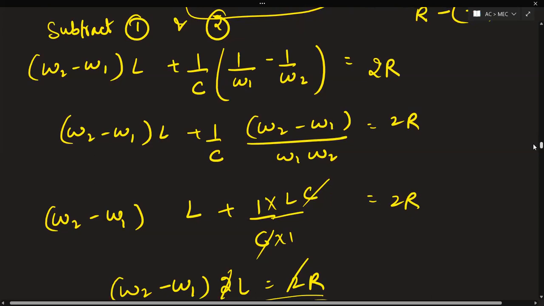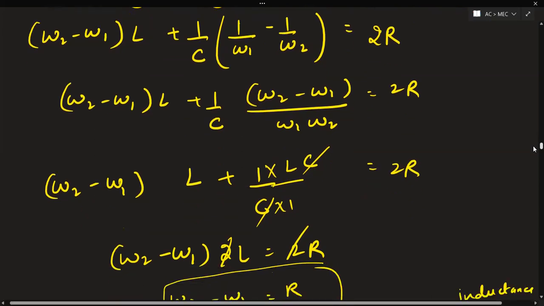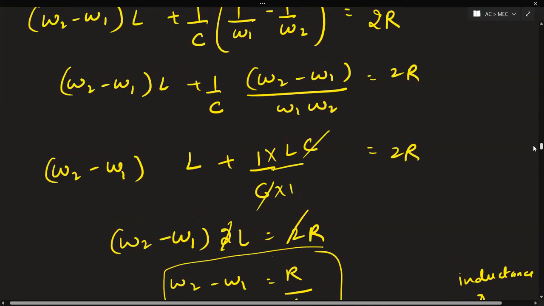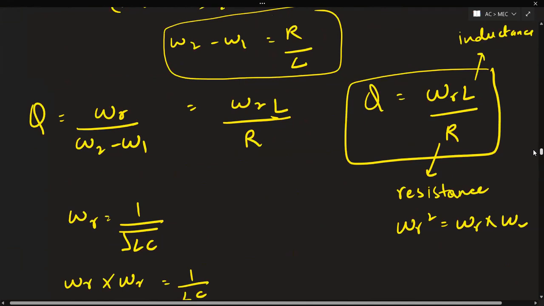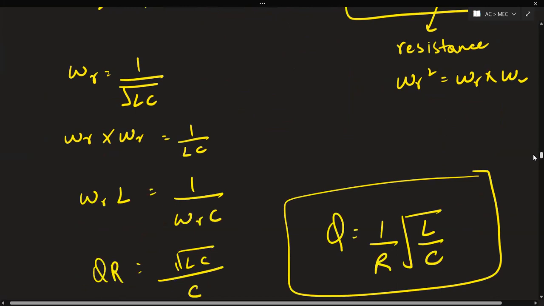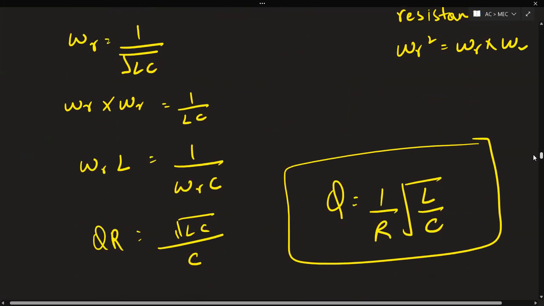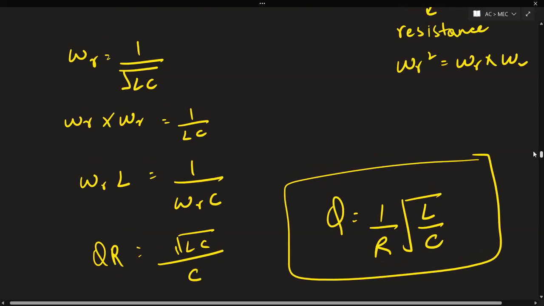Since we had already calculated it, using those values we calculated omega 2 minus omega 1 as R by L. From here, Q came out to be omega R L by R. And another formula for quality factor comes out to be 1 by R under root L by C. So this is also there in your syllabus.